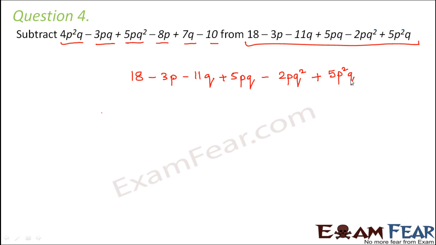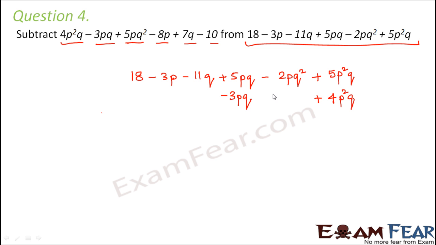Now from this expression you have to subtract this one. Let's look at it term wise. The first term is 4p square q. Where is the like term of 4p square q? Obviously this one, 5p square q. So let's put 4p square q exactly below 5p square q with a plus sign. Then you have minus 3pq. Here you have 5pq, just below that you put minus 3pq.